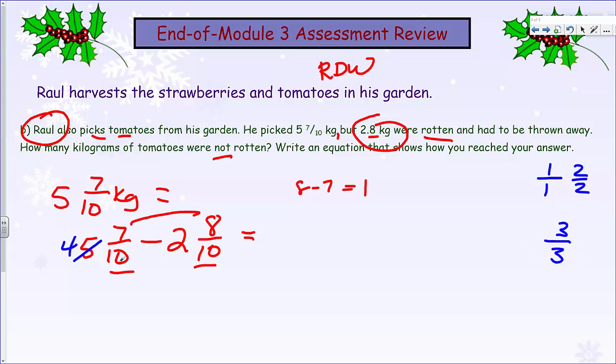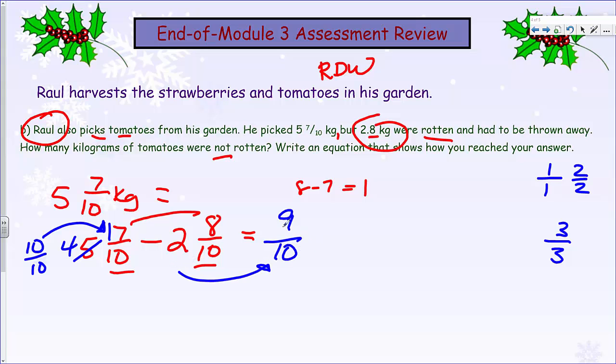In this case, since we have a denominator of 10, let's loan him 10 over 10. We squeeze that over there, and that makes 10 plus the 7 that's already there, 17. Boy, do I love math. So 17 minus 8 is equal to 9, and the denominator we just bring over.